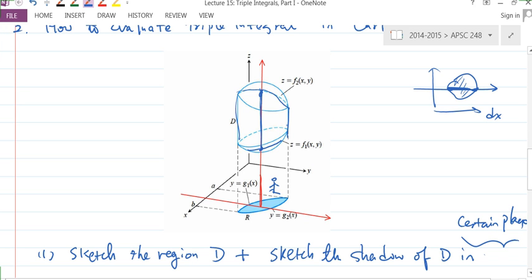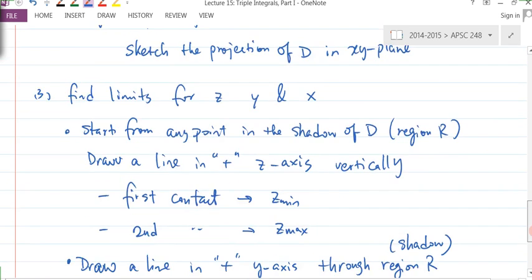Does that make sense? So basically you get a cross section there. Remember I said we're trying to sweep through the region D, so that's not completely swept through yet. So after the first two steps, we end up with a cross section.